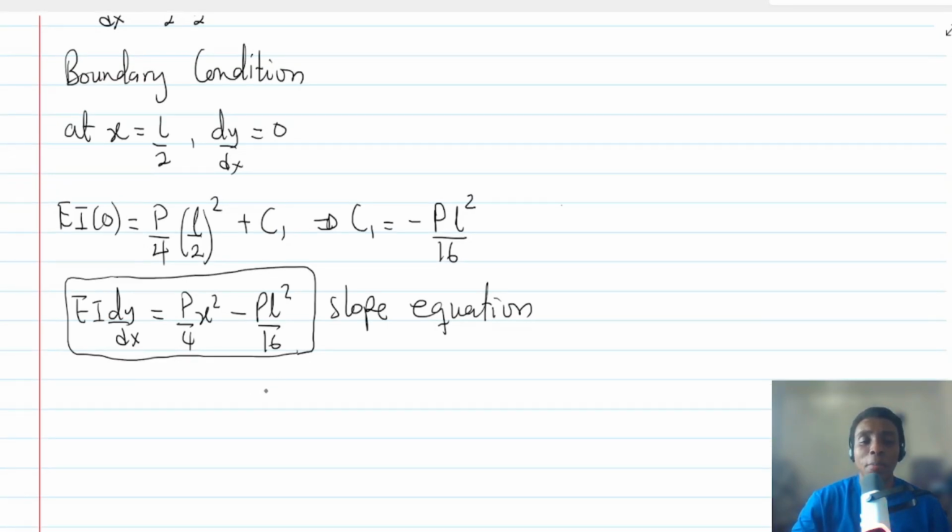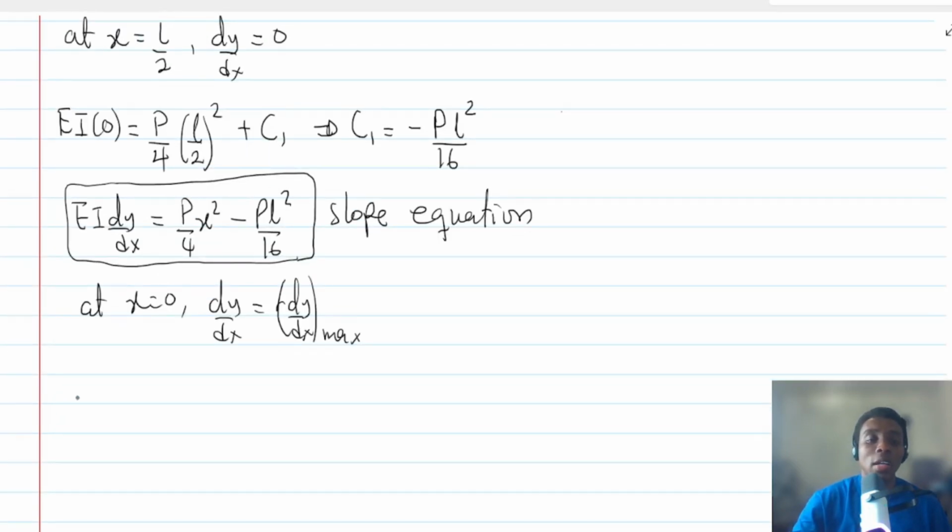Now, if you want the deflection equation, then it means you have to integrate. But before we get the deflection equation, let's find the maximum slope. In fact, the maximum slope occurs at x equals 0. I've already showed you that.